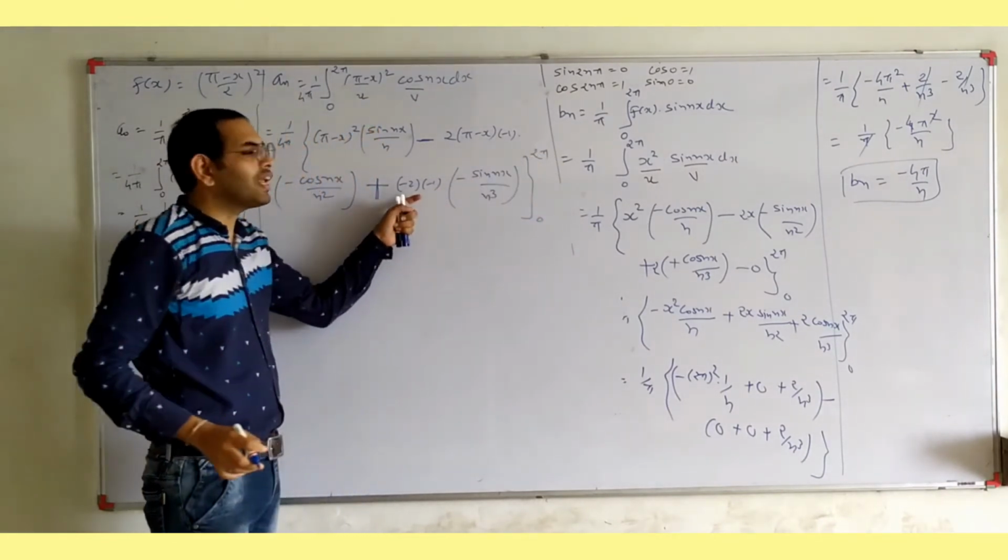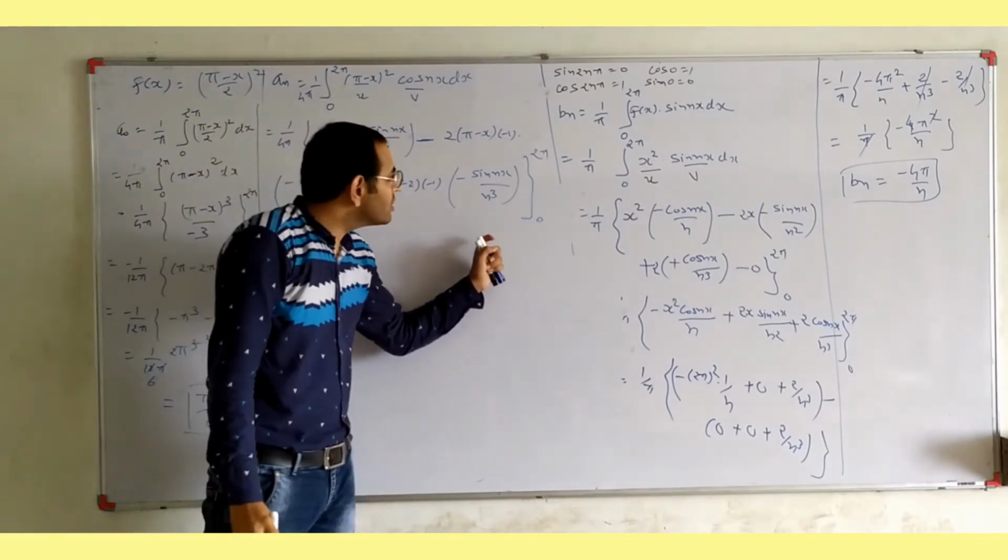The next derivative is constant, and the derivative of a constant is 0, then 0 into anything is 0.